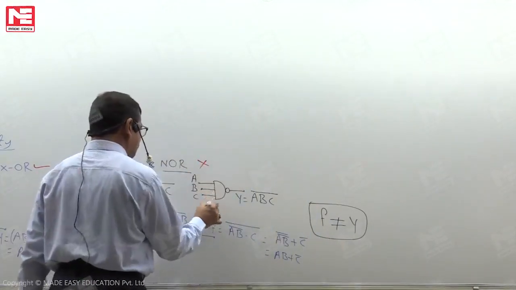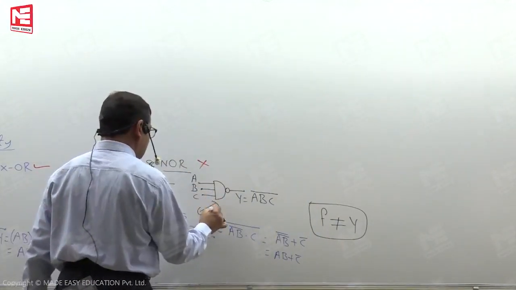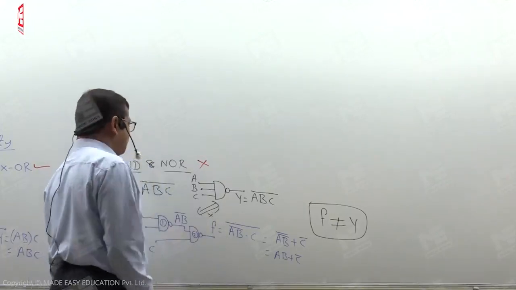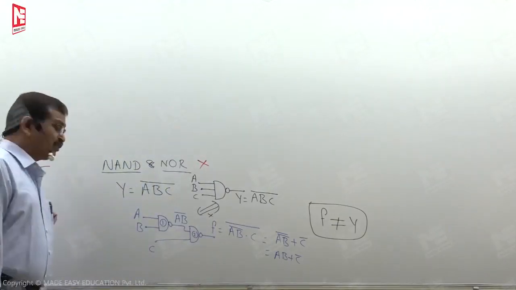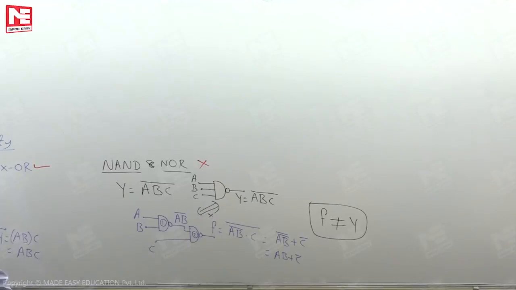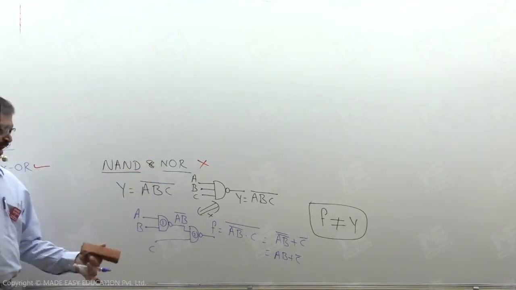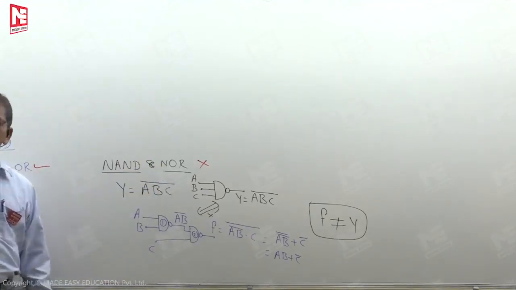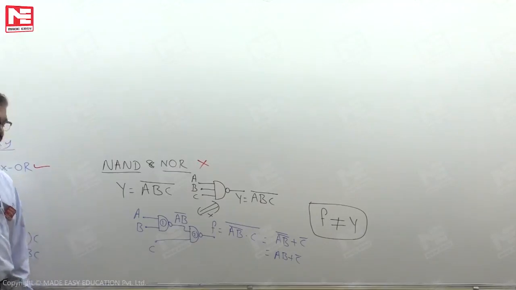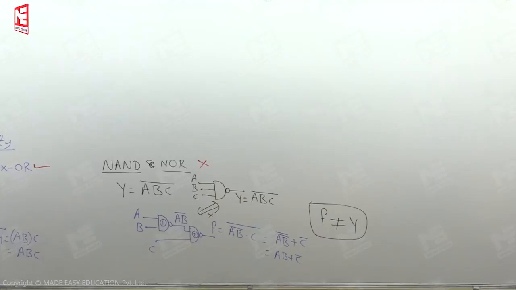Since F is not equal to Y, we have the conclusion that associativity is not valid on NAND operation. The same thing if you try with NOR, you will conclude that associativity is not valid even for NOR operation. Whereas it is not the case with AND, OR or XOR.